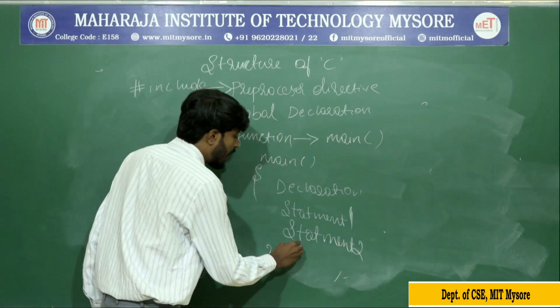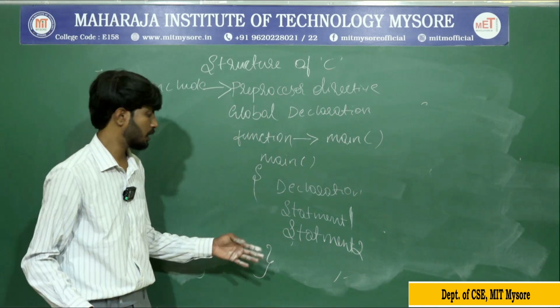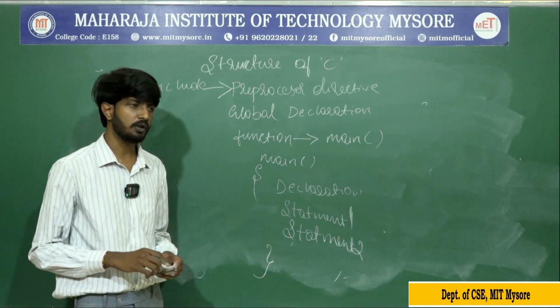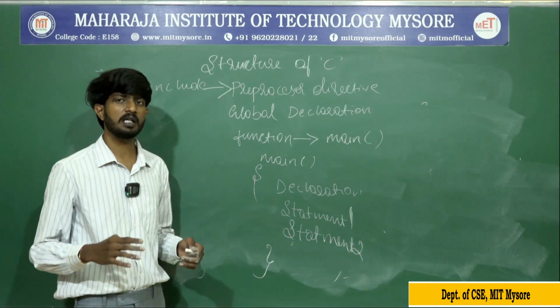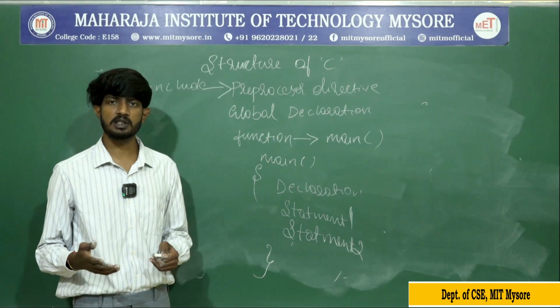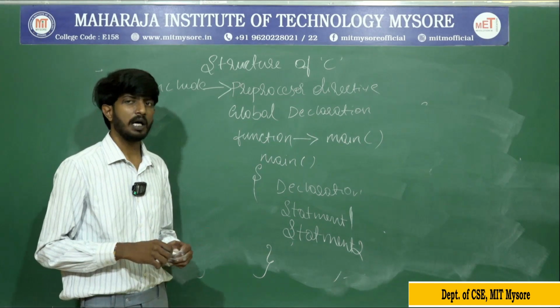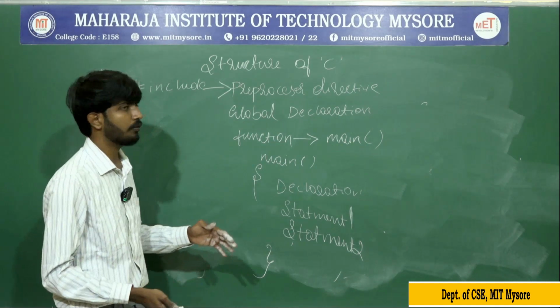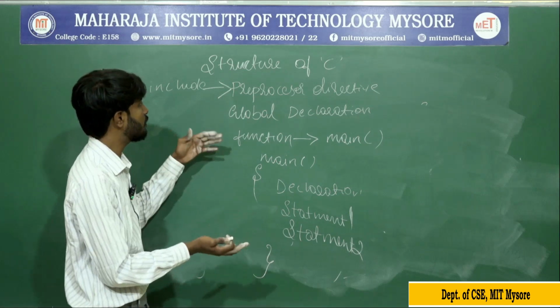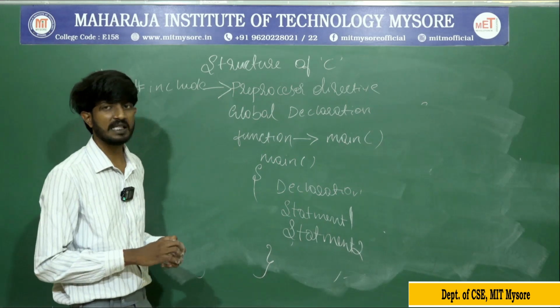You can also have other user defined functions. When we come to functions, I will explain how user defined functions work and are called. For now, for the basics, you need to understand the structure.